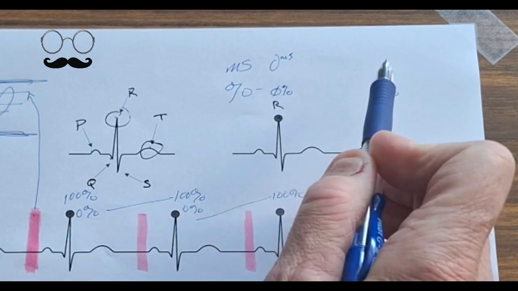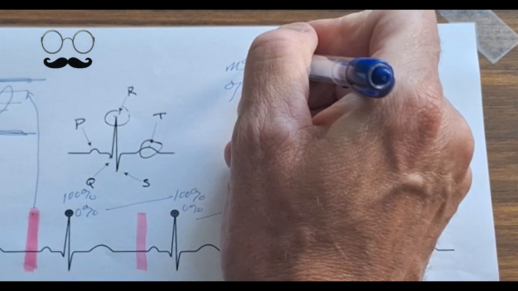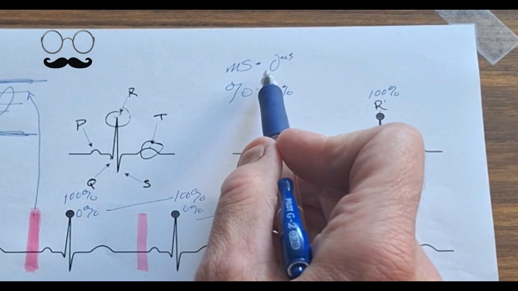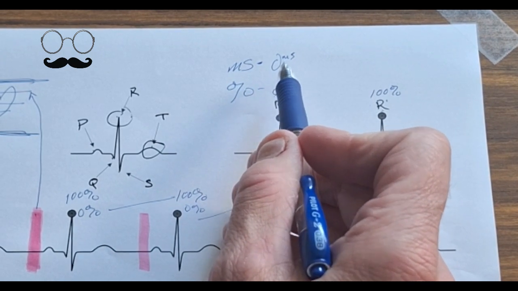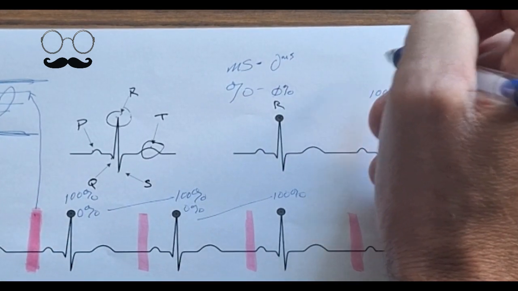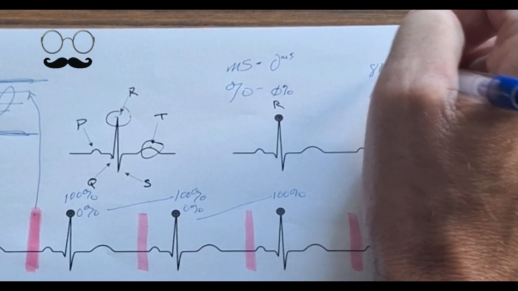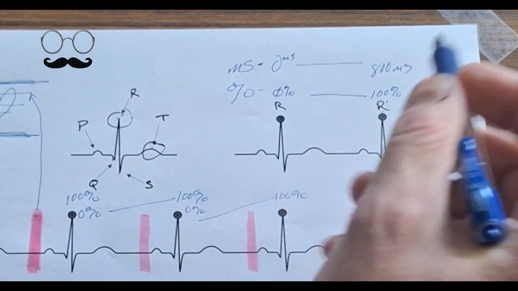It is 0% to 100% if you're in phase scanning or reconstructions, and then in millisecond scanning, you can millisecond scan and millisecond reconstruct, depending on your machine's physics. And we're just going to pretend this is going up to 800 today, so 800 milliseconds.